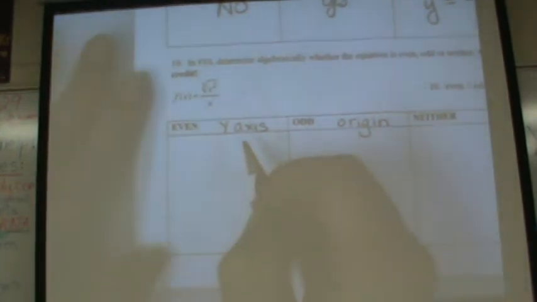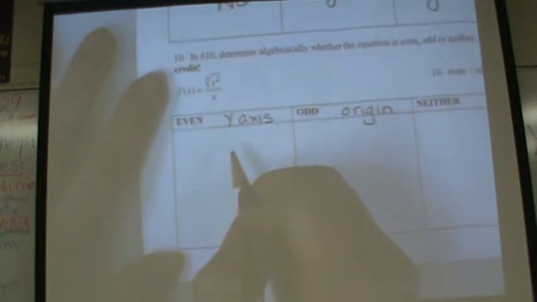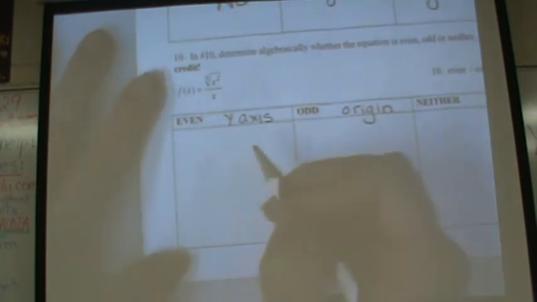Last question. Even means y-axis symmetry. Odd means origin. So if it's one of these two, it would not be neither, and neither does not mean x-axis. So how do you test for y-axis symmetry? You're going to replace, where you see x, you're going to put a negative x.